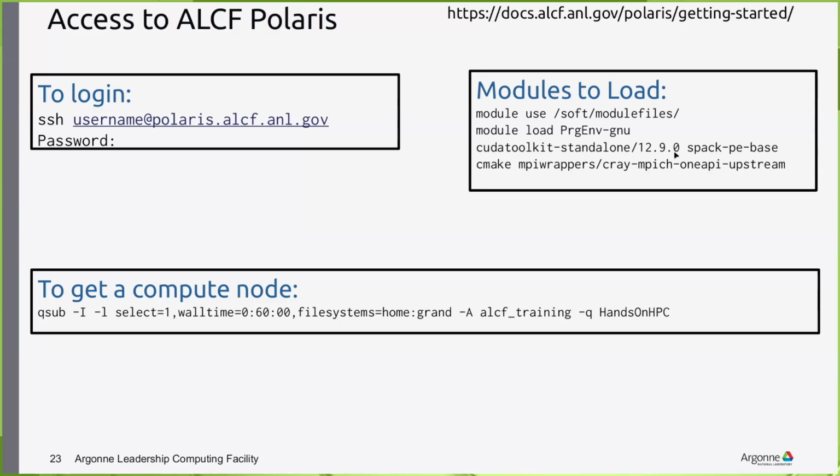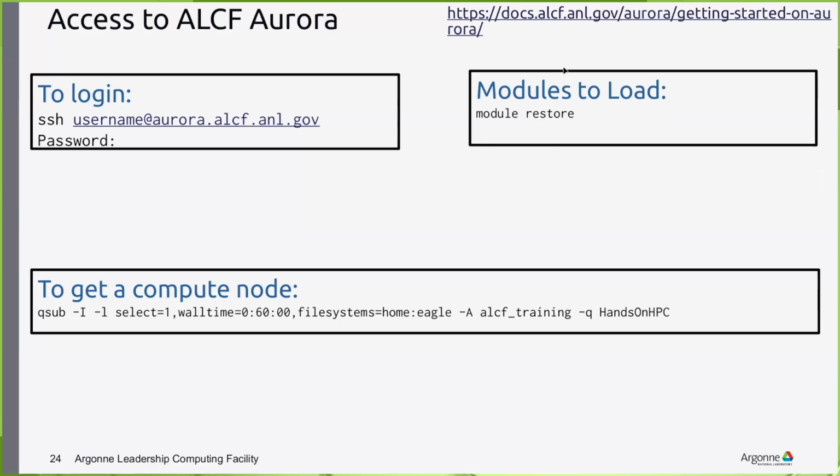I'm using CUDA Toolkit 12.9, and this is the wrapper for MPI as well. On ALCF Aurora, SYCL is loaded by default, so you don't need to load any explicit modules. If you just do module restore, it'll load all the defaults that you need.